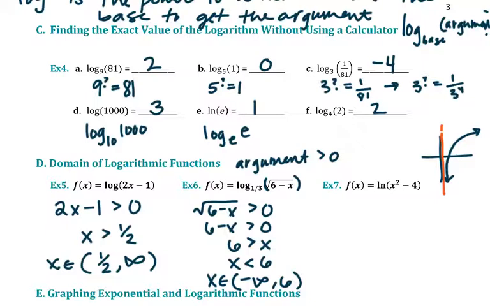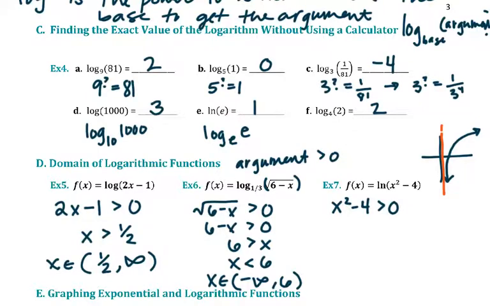And then lastly, we would be solving example 7, f of x equals the natural log of x squared minus 4. Again, whatever is in our parentheses, whatever our argument is, it has to be positive. So we're again setting that greater than 0. And this is a polynomial inequality, and we did these in Module 9.